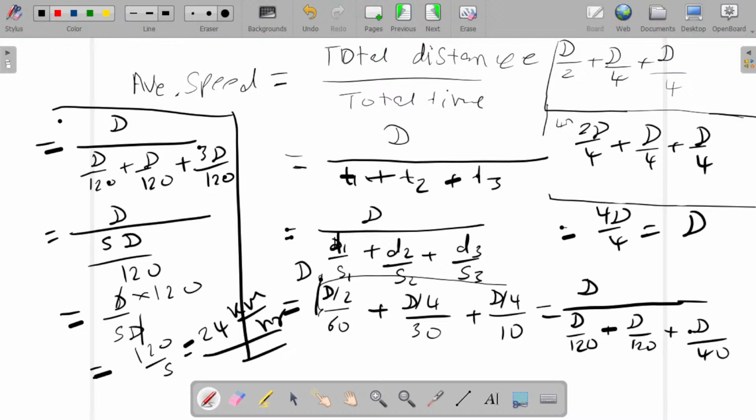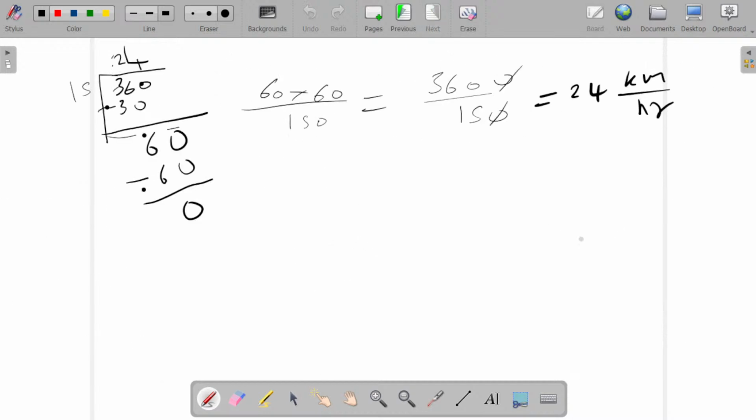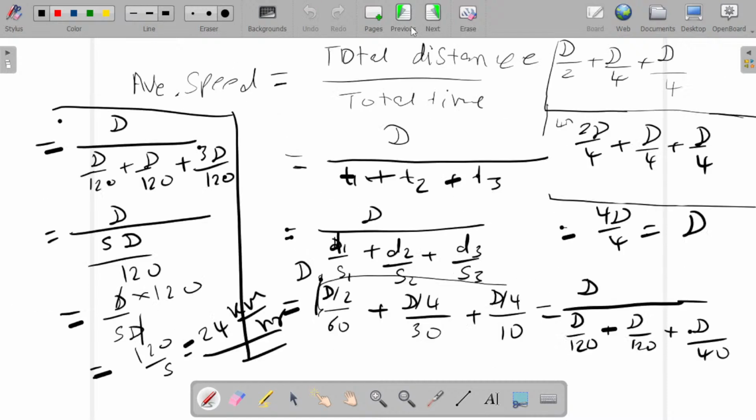So the answer is the same. Previously we also got 24 kilometer per hour. Here is the answer, 24 kilometer per hour. And in our other method, when we take d as the total distance, 24 kilometer per hour. So this way we can solve it in two different ways.